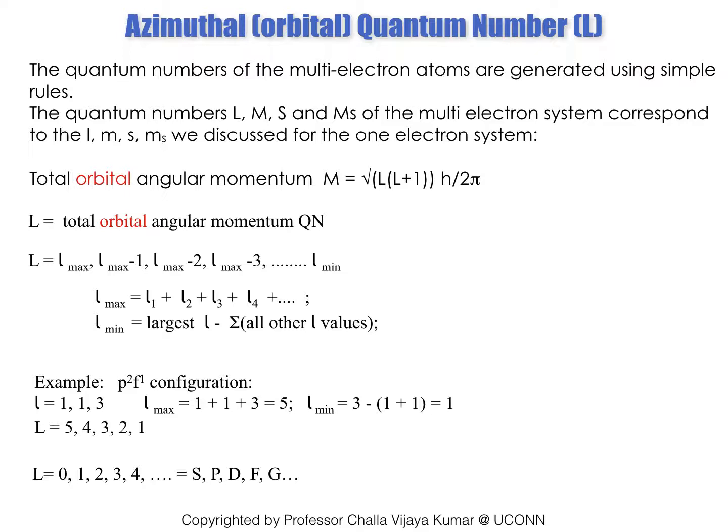So we have capital S, capital P, capital D, capital F, capital G states. These are just like the one-electron case, but this is for multi-electron systems. It's just capitalized in every single case. So this is how you generate the orbital angular momentum quantum numbers.